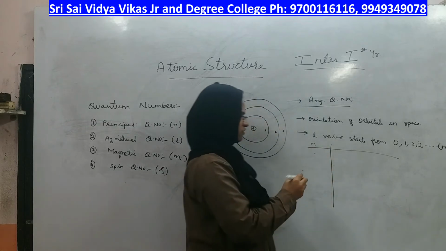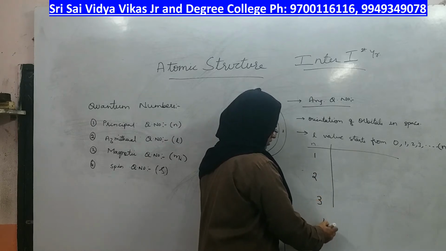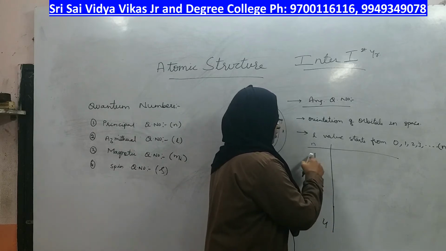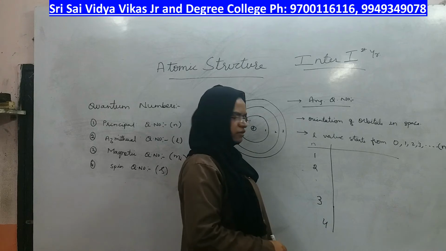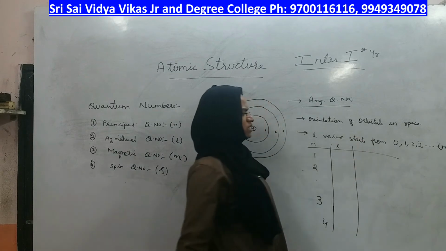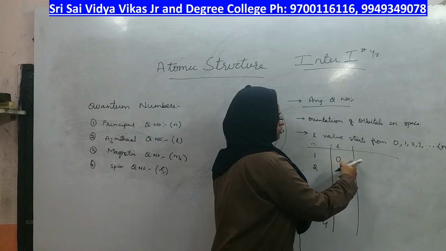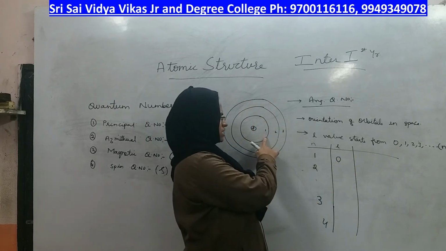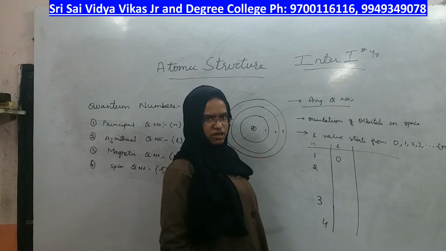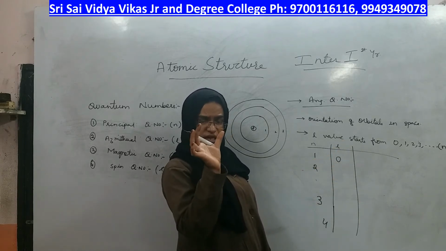What was the first n value? 1, 2, 3, 4, right? For principal quantum number 1, L value started from how much? 0. 0, 1, 2, 3, like that you should have. That means in the first main shell, how many subshells are there? That you have to decide first. The starting point is 0, the ending point is n minus 1, I told. How many will come in between?